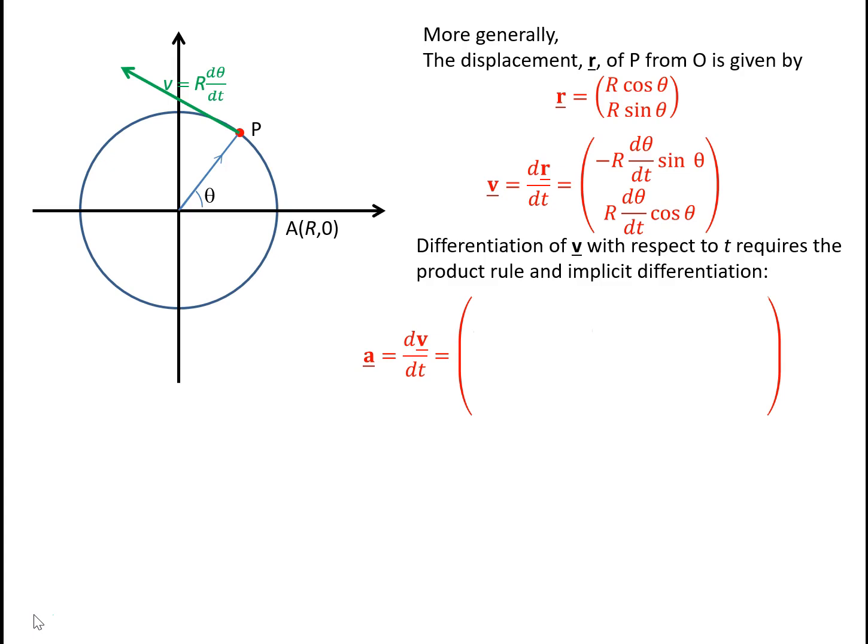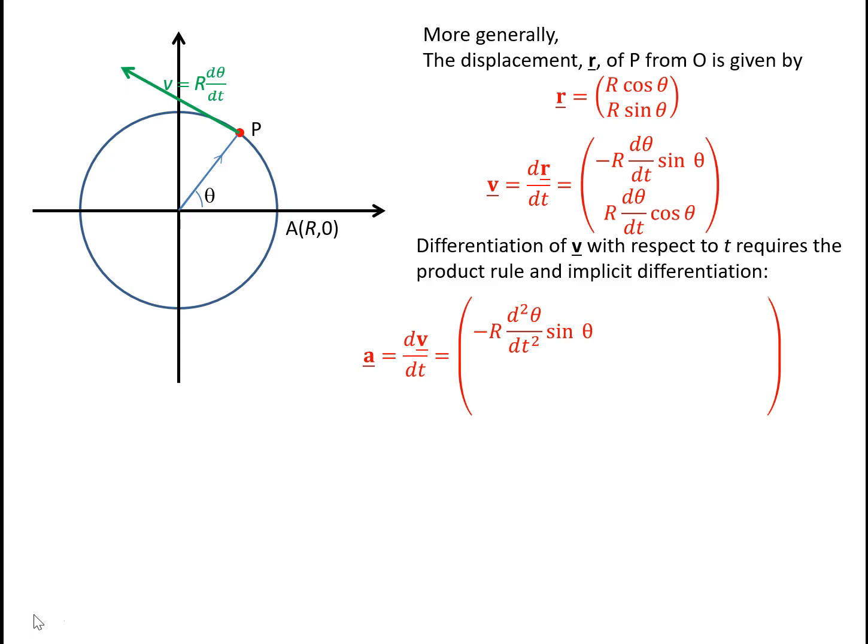So first of all, we'll differentiate the minus r dθ/dt part, and that gives me minus r d²θ/dt², and leave the sin θ alone. Then we must leave the minus r dθ/dt part alone, and we need to differentiate sin θ with respect to t.